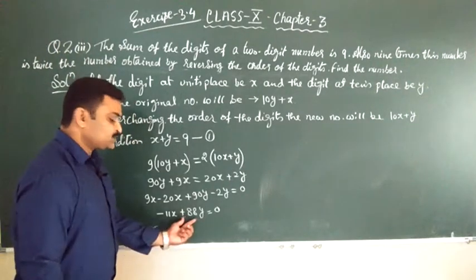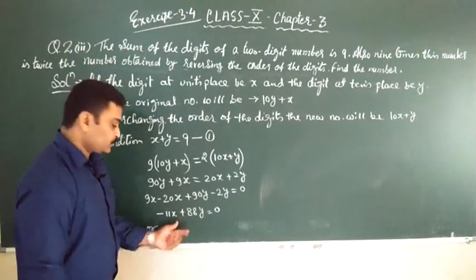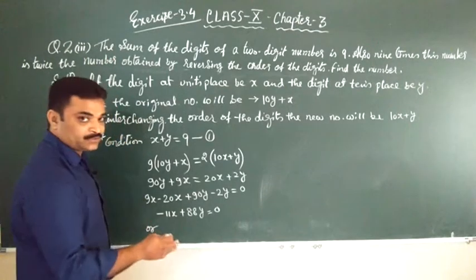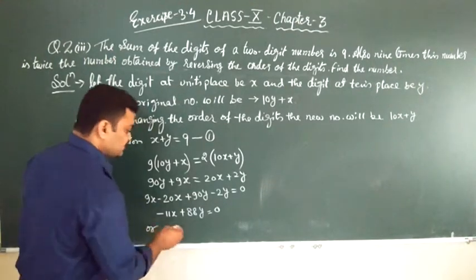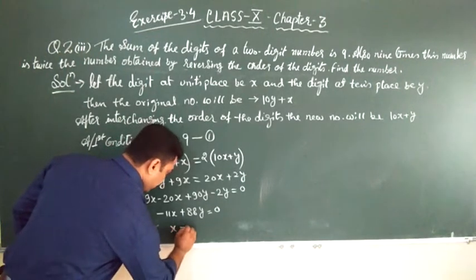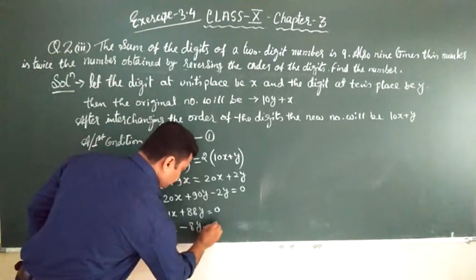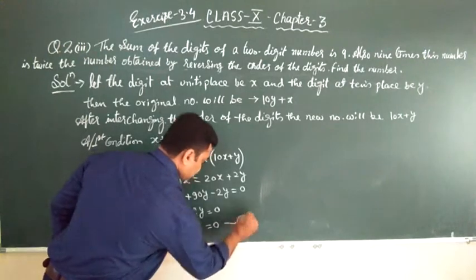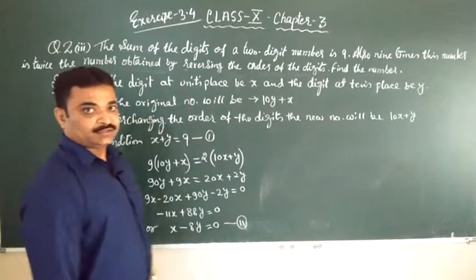Both the numbers are divisible by 11, so we will divide both by 11, or we can say x minus 8y is equal to 0 is the second equation. Clear?